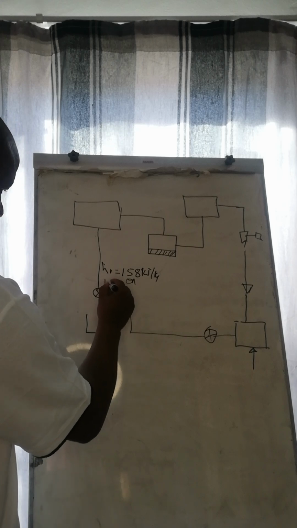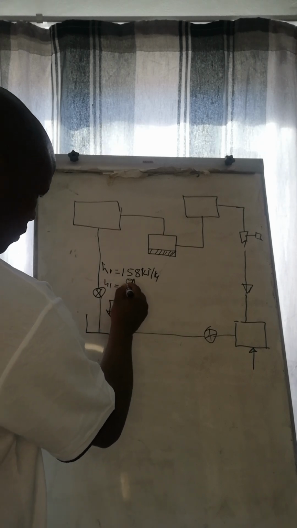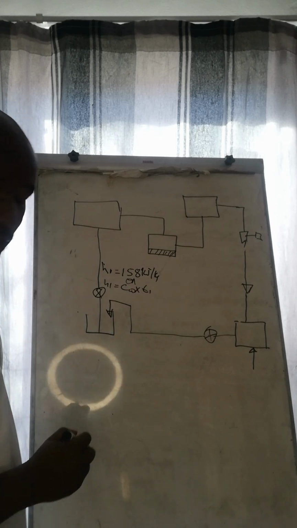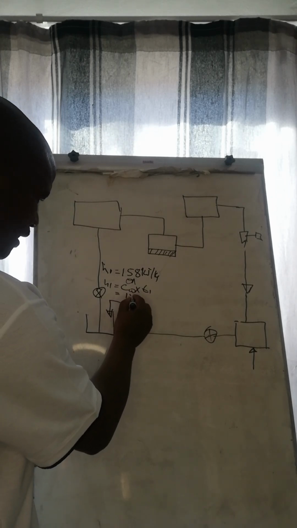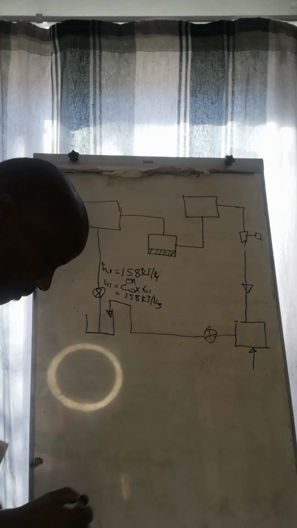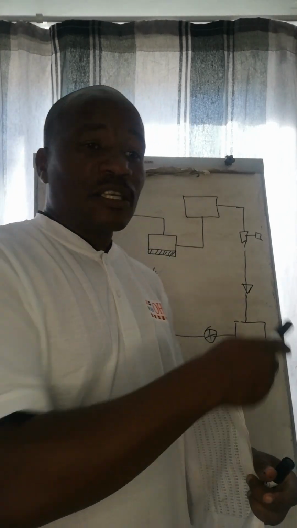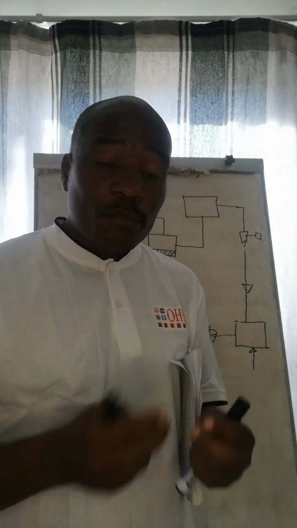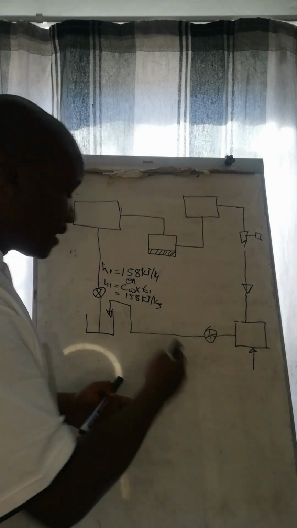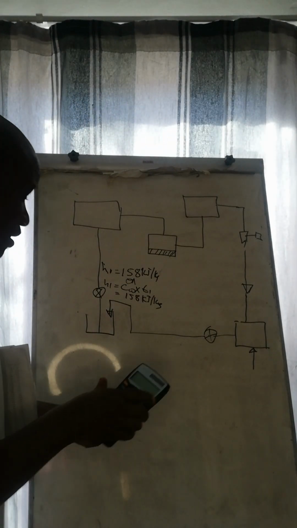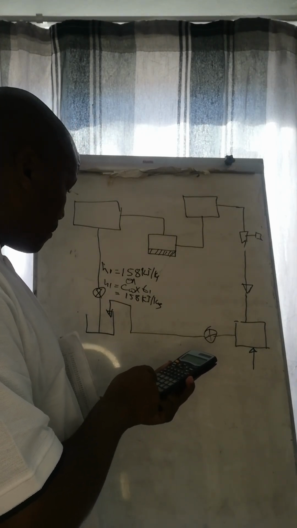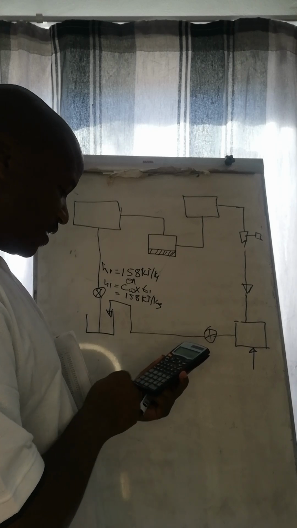Or you can say H1 is equal to the specific heat capacity of water multiplied by the feed water temperature. Hopefully you'll still get 158 kilojoules per kilogram. But remember, in problems of this nature we work with interpolations, so you might differ slightly from my answer. Like this one, it's 4.187 multiplied by 37.7 is equal to what?